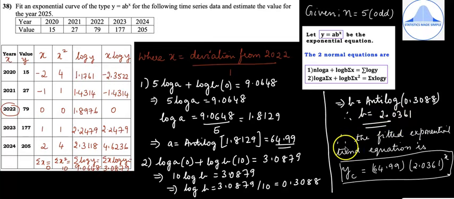That is B is equal to 2.0361. So therefore the fitted exponential trend equation is YC equal to, so now in place of A substitute 64.99, and in place of B it is 2.0361 to the power x. So next let us find the estimate for the year 2025.